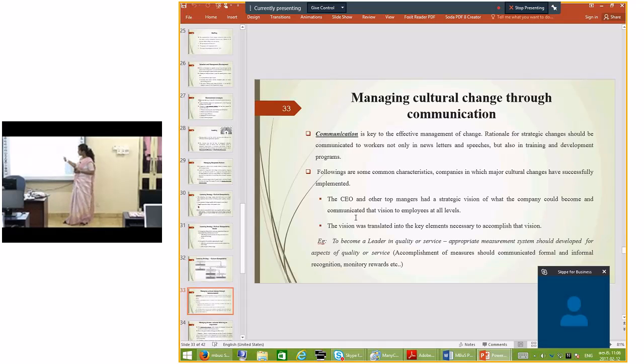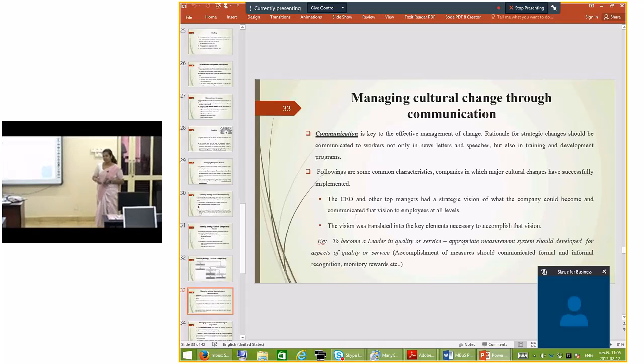The first one is, the CEO and other top managers had a strategic vision of what the company could become, and those things need to be communicated to all the employees. Also, the vision was translated into the key elements necessary to accomplish that vision. It means that particular vision has to be translated into KPIs, key performance indicators. Understood what I am telling?